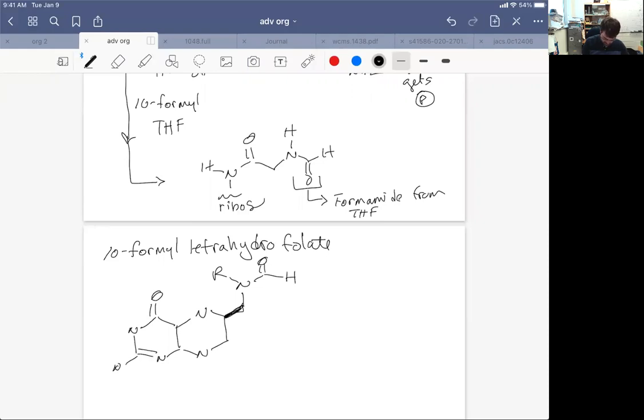So a lot of atoms being added here. Okay. I did do a rotation I didn't want to do, but I wanted to make sure we could clearly see this formamide right here. So this is a formyl group donor.